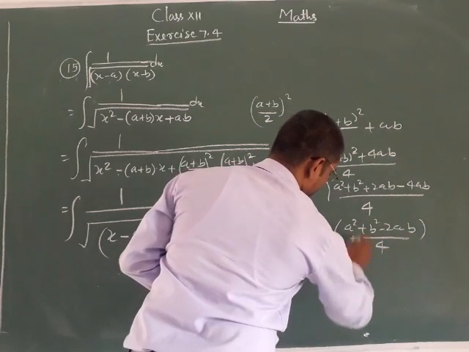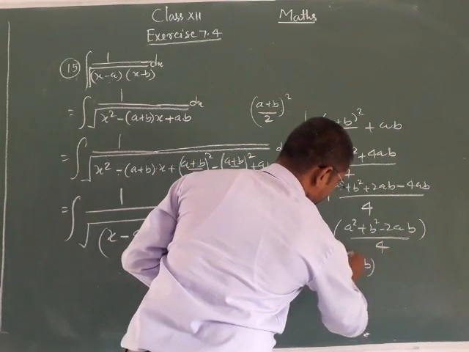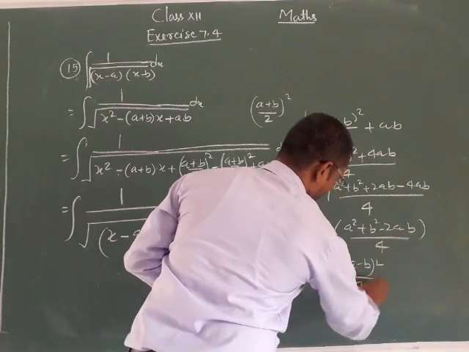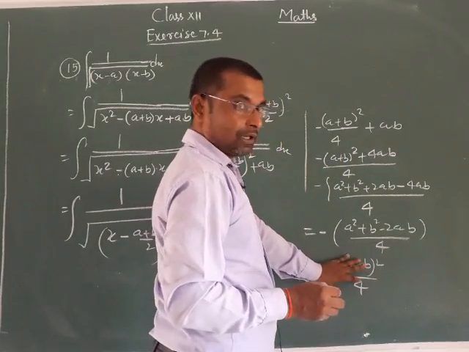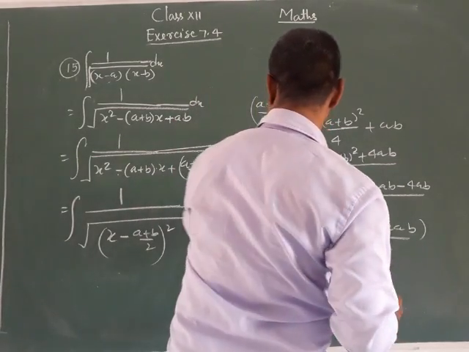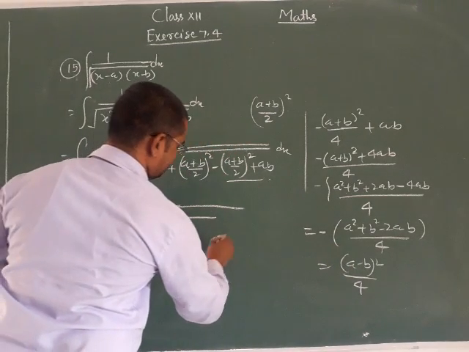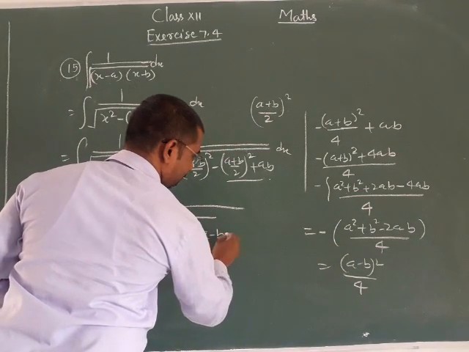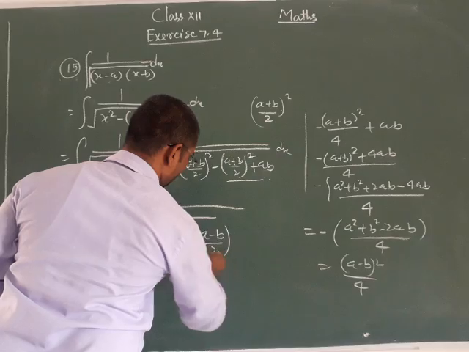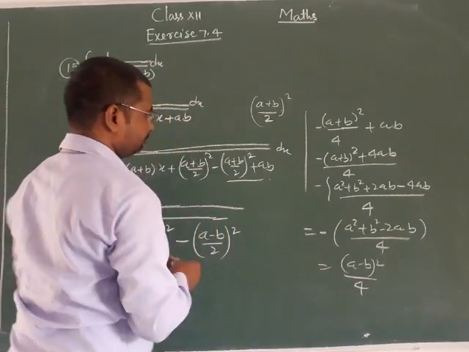So we get (a minus b) whole square upon 4. So now write in this way, we get minus (a minus b upon 2) whole square.